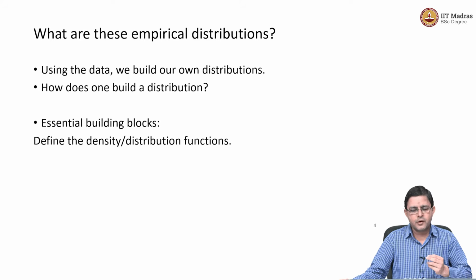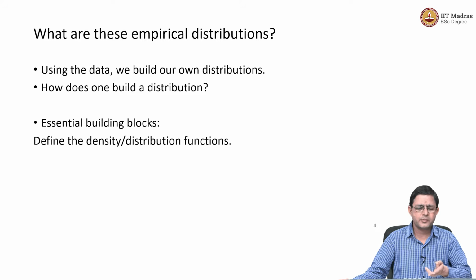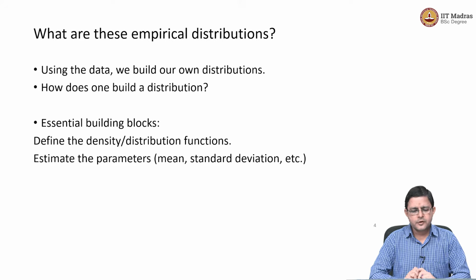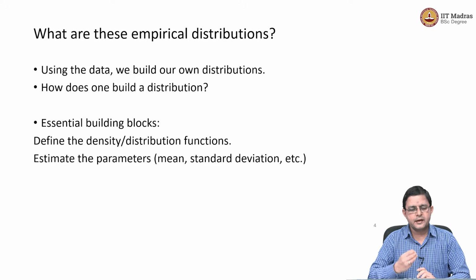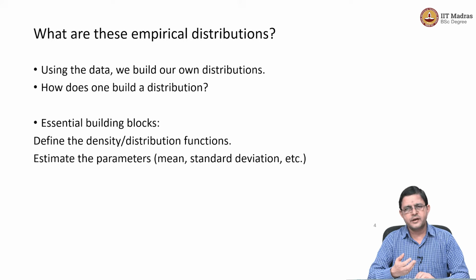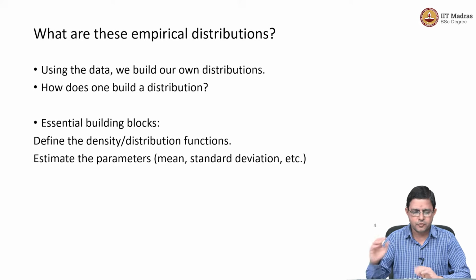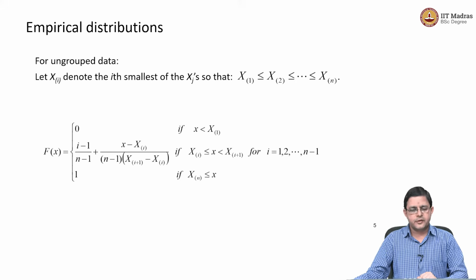And we may also want to define some moments, the first moment around the mean, the second moment around the mean, which can be built using the density also. So, we have to estimate these parameters. Essentially, defining a distribution means identifying a density function or a distribution function. From the density function, you can identify the building blocks like moments around the mean, mean, standard deviation, and so on, right.